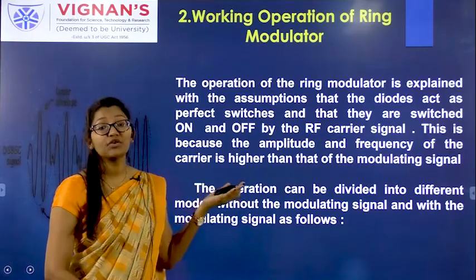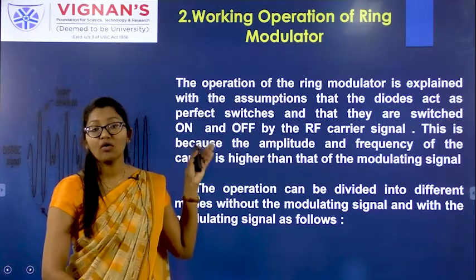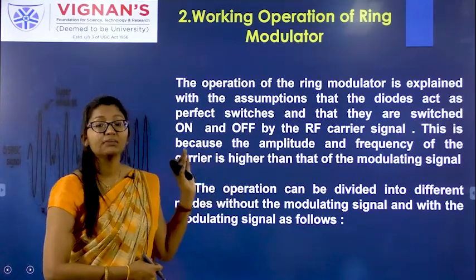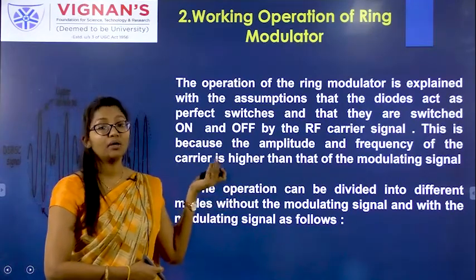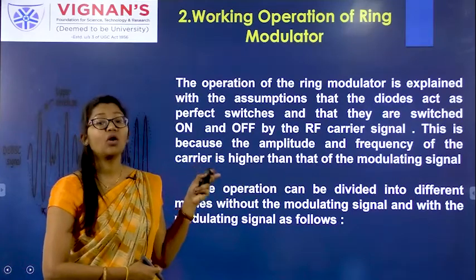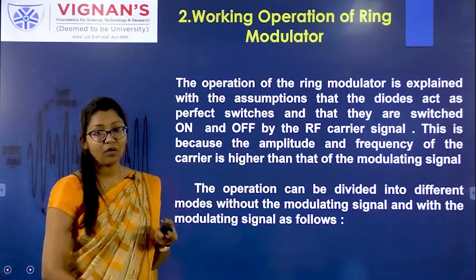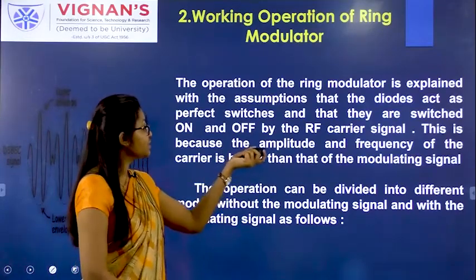The working operation of the ring modulator depends upon the diodes being on and off, right? Depending upon the carrier signal you are giving, the diodes may be on or off. With that on and off, you will get a final output at the second transformer side. So we will see how the working operation is done.